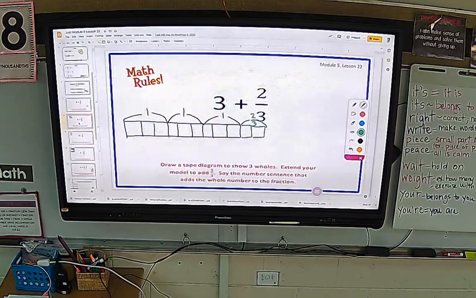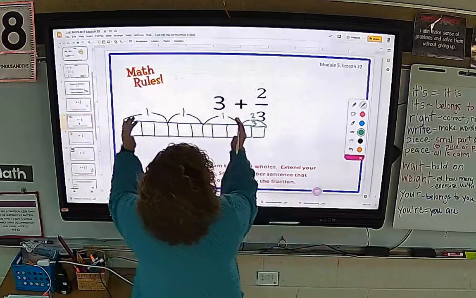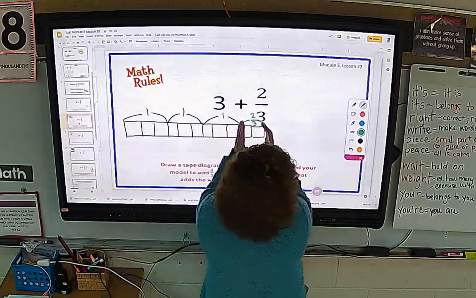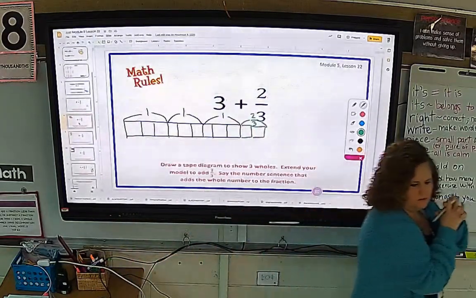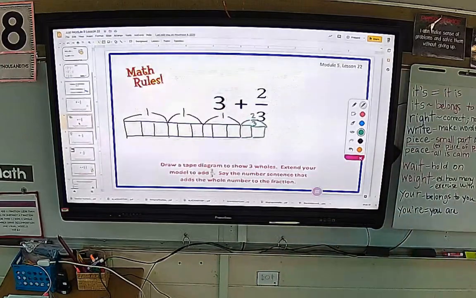Anything else that you think we could do to show we're adding this? You know, that this was here first, and then we're adding that part. I'm just asking. Anything else that would make it clear to somebody looking at your picture that they're adding? Put plus signs. You could put plus signs.